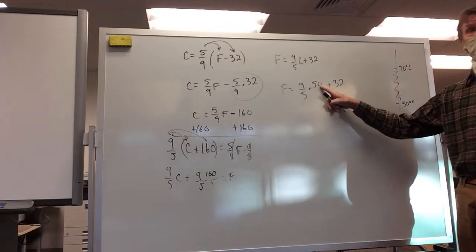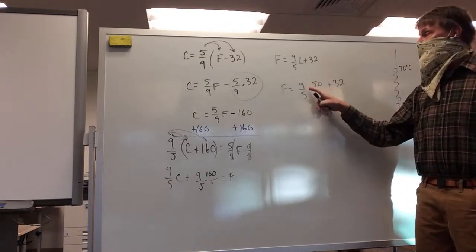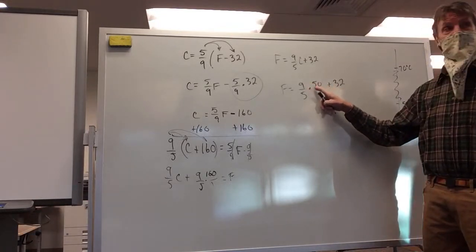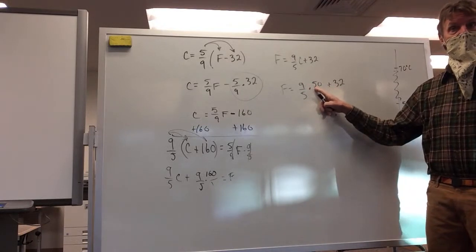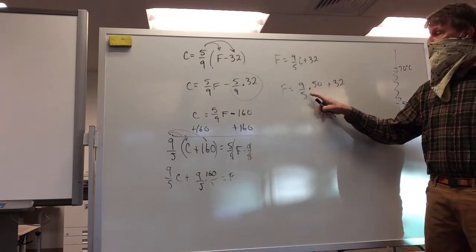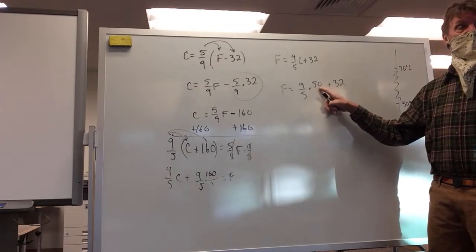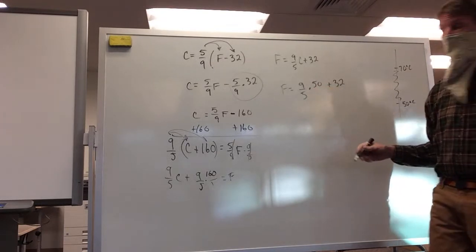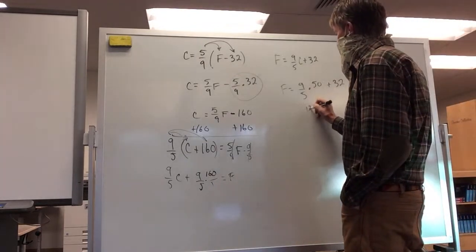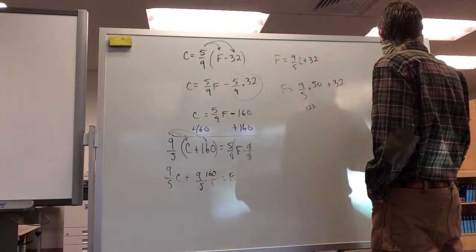Times 10 makes 450. But before I even do that, 9 times 5 is 45, divided by 5 equals 9. Times 10 is 90. 90 plus 32 is 122. So this is 122 Fahrenheit.